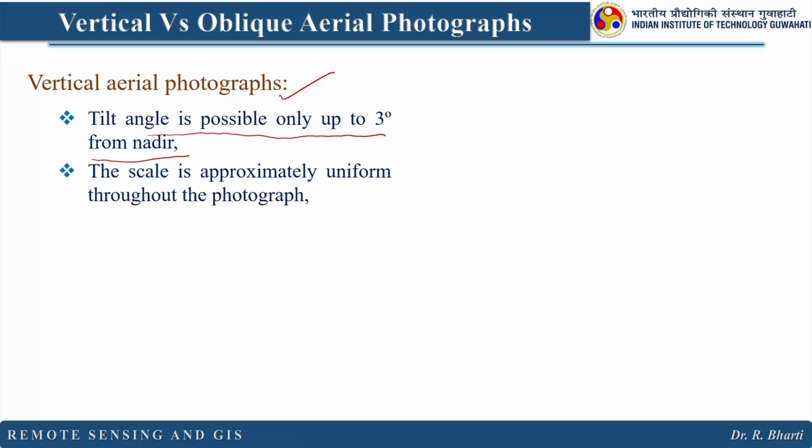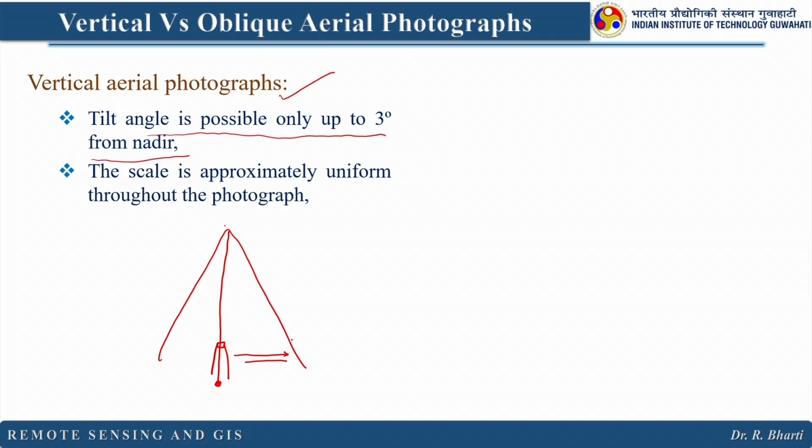In a vertical aerial photograph, the scale is approximately uniform throughout the photograph. Why? Because you are measuring the area from the top, which is basically 90 degrees. If you see, this is the center of the image, so you will see the top of your building here, but as you go away, there will be a slight change in position.